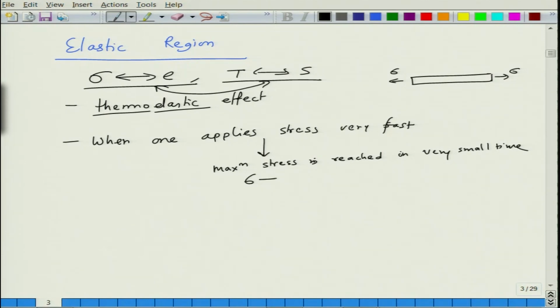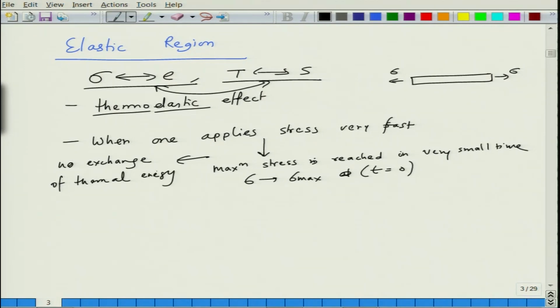So, sigma reaches sigma max as if it is almost T equal to 0. And in this duration, when you apply the stress and it reaches maximum, there is no exchange of thermal energy with surroundings.